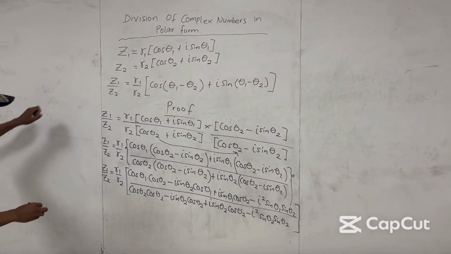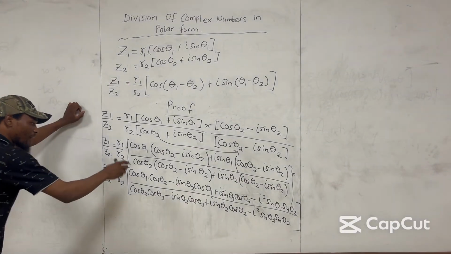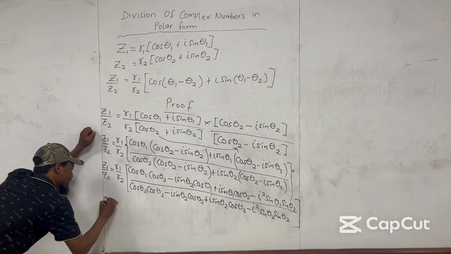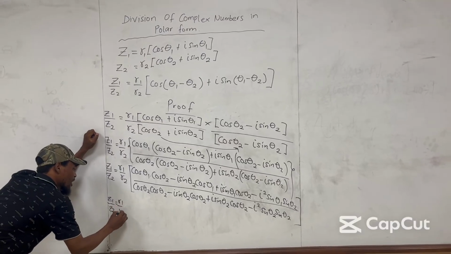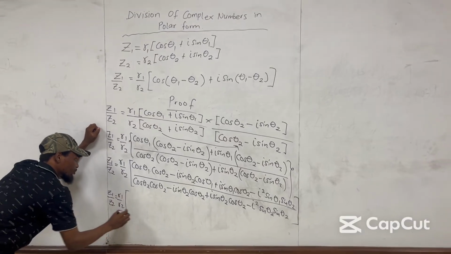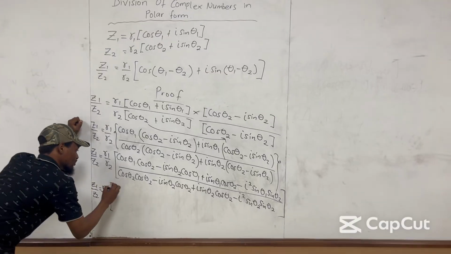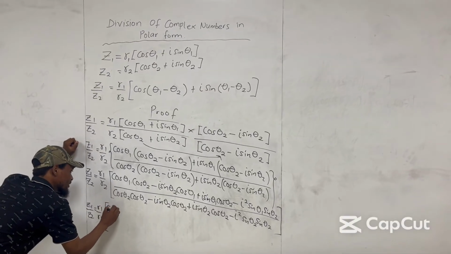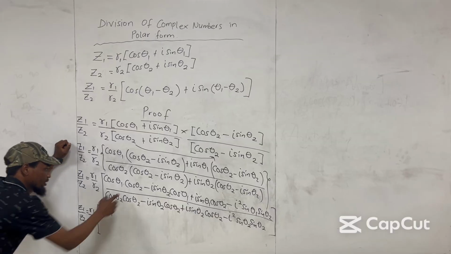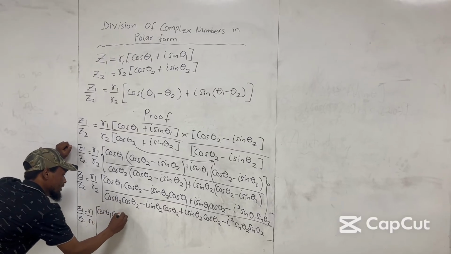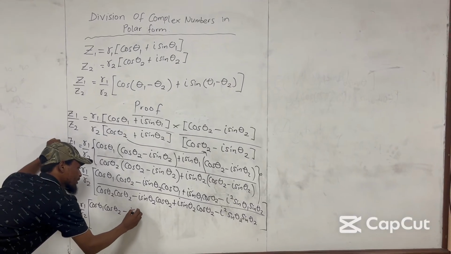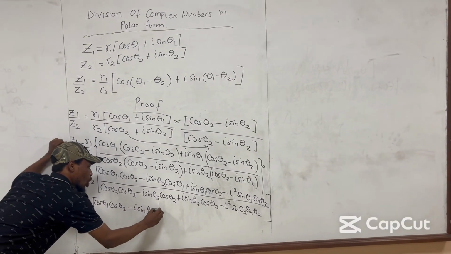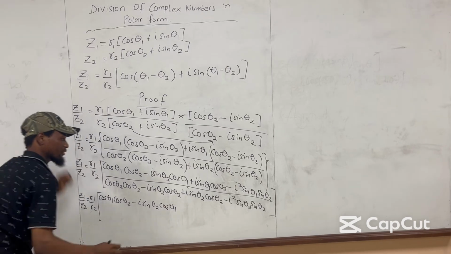Okay, so now we have this to be equal to, we have z1 over z2, which is equal to r1 over r2. Then we have cos theta 1 cos theta 2, minus I sin theta 2 cos theta 1.